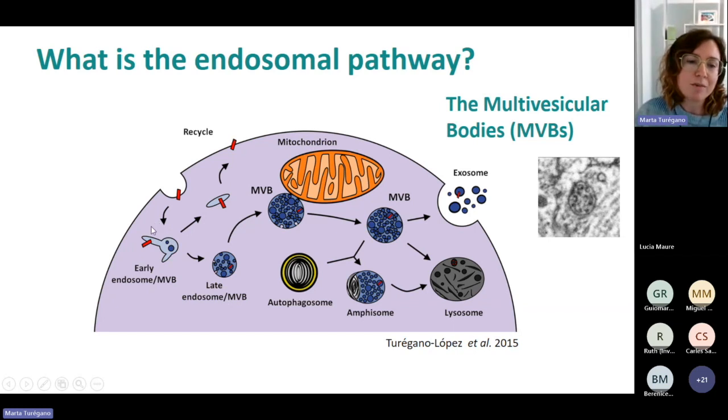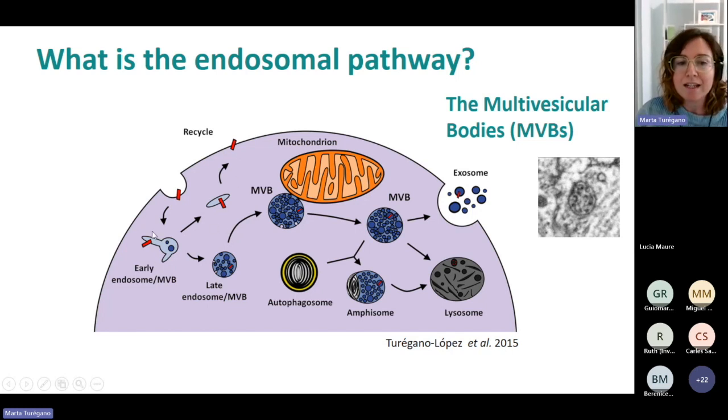This endosome has a typical shape with tubular protrusions, and they are very related to the recycling functions in cells. So they can go to other places of the cell, fuse with the cell membranes, and insert the receptor or the proteins in other places of the cell.